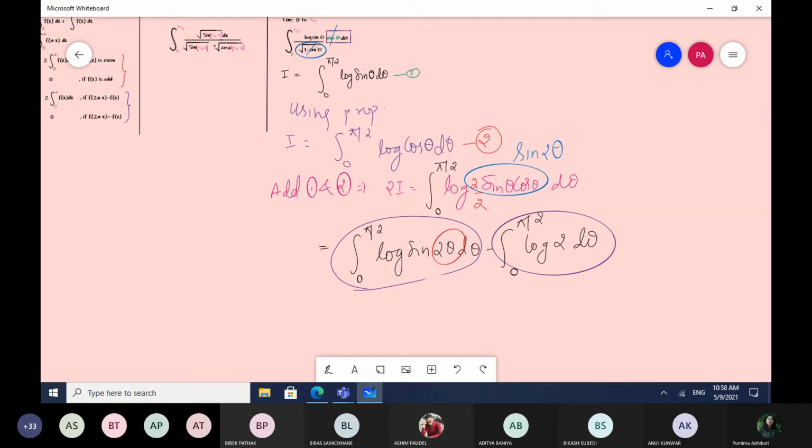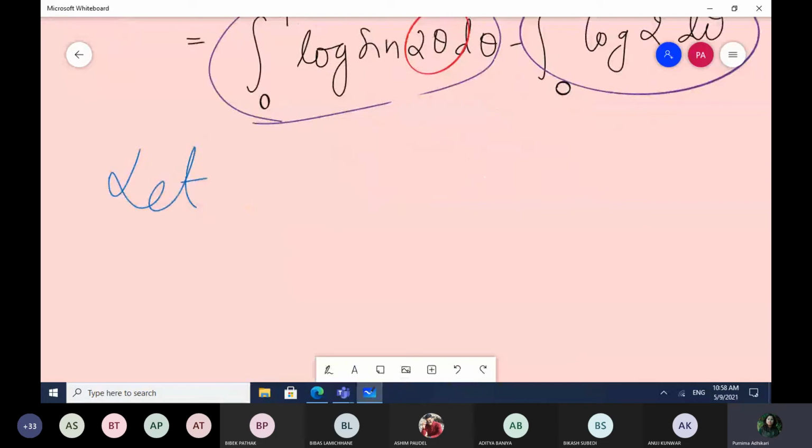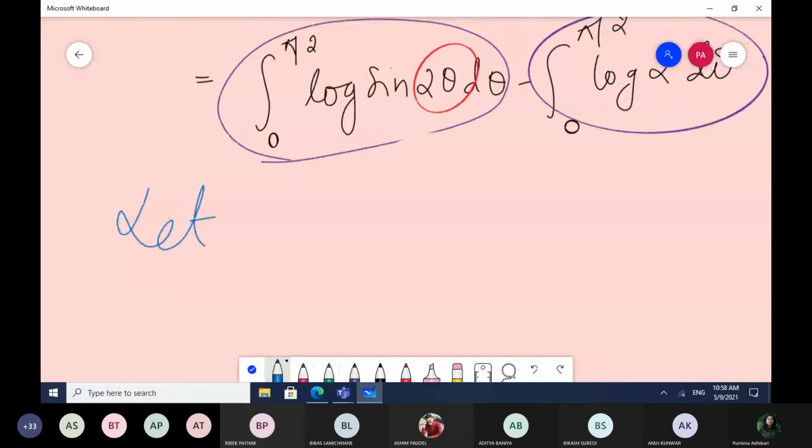By the substitution method, let 2 theta equal t. So what is your d theta then? D theta will be dt by 2.